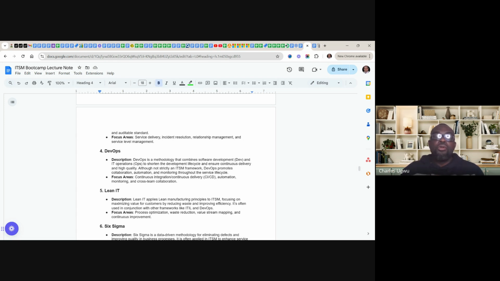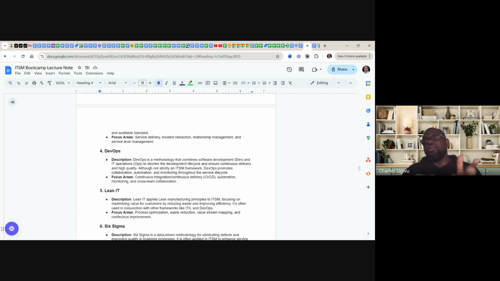Although not strictly an ITSM framework, DevOps promotes collaboration, automation, and monitoring throughout the service lifecycle. It focuses on continuous integration and continuous delivery, CI/CD, automation, monitoring, and cross-team collaboration.